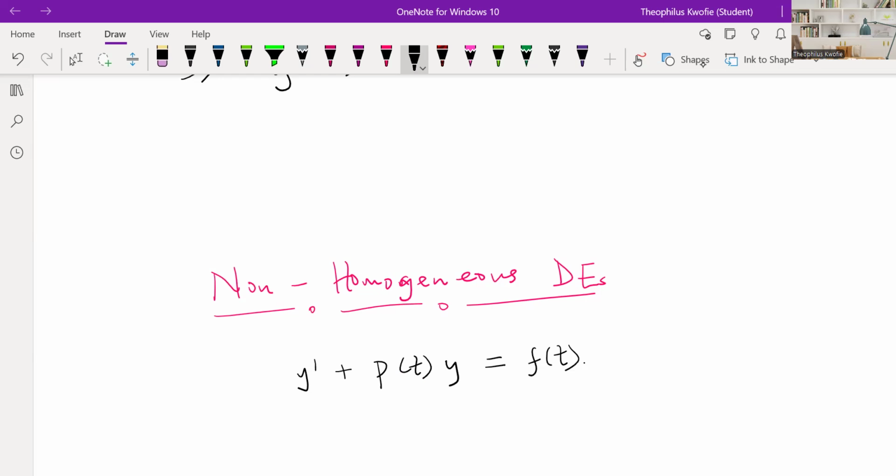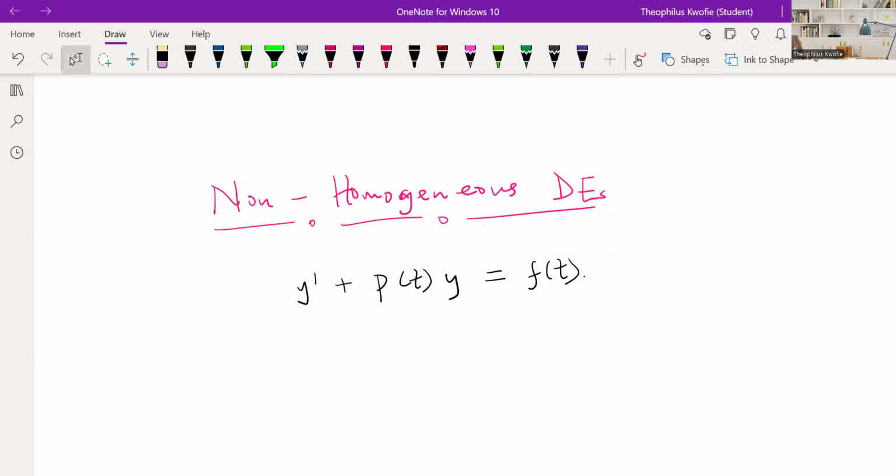All right. Now, there are various methods of solving non-homogeneous differential equations. The first one we call the integrating factor. Okay, so we can use the method of integrating factor.